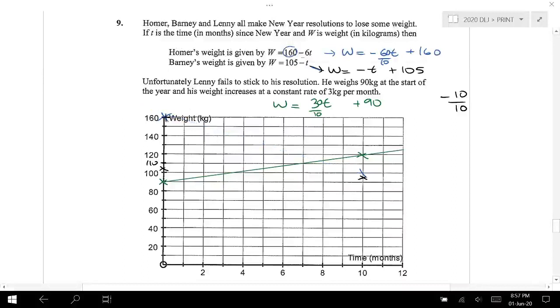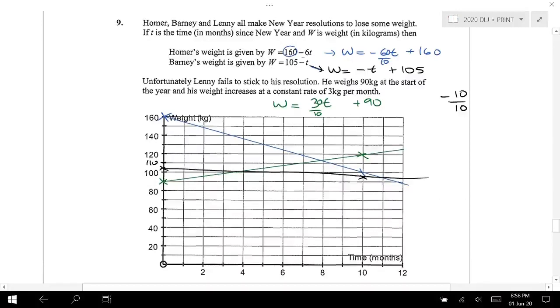Try one more time. I've lost the black line now. Oh dear. Okay, this isn't playing ball, so we'll just leave it there. Free-handed him. Good enough.